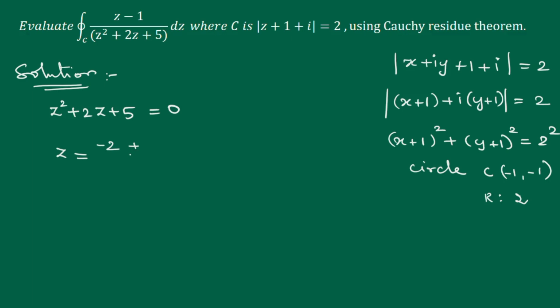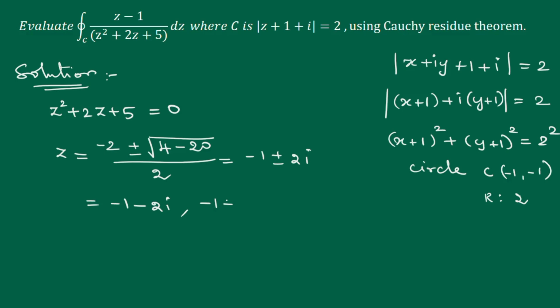So here it should be minus b plus or minus root of b square minus 4ac, divided by 2a. Here 4ac is 20. So this is equal to, on simplification, minus 1 plus or minus 2i, which means that minus 1 minus 2i and minus 1 plus 2i both are poles and both are called simple poles.